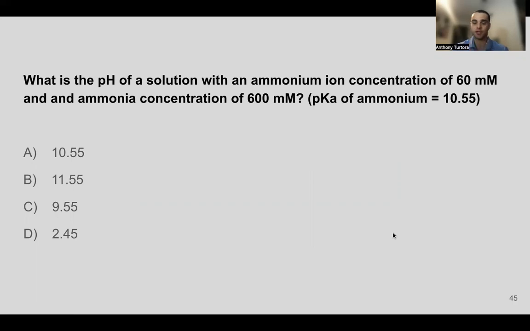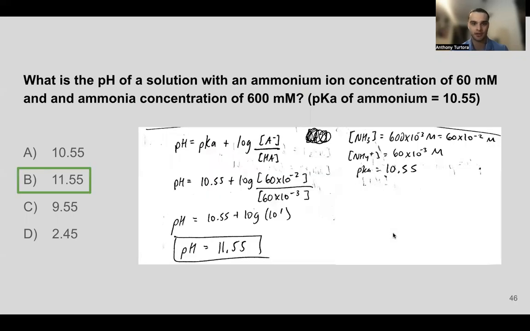So this is something where we need to know the equation that relates our pH and our pKa values. So I will show the work that I did to get this answer. So this equation here is the Henderson-Hasselbalch equation, and this is what relates these two in a buffer solution.